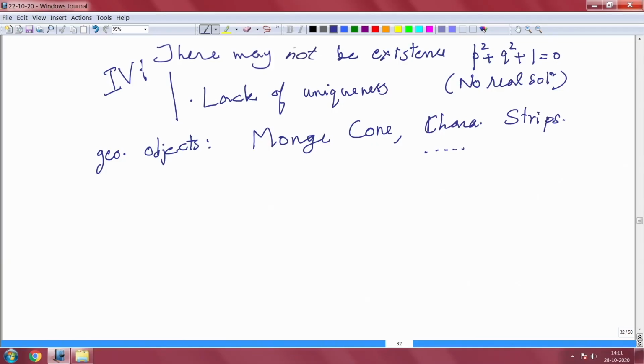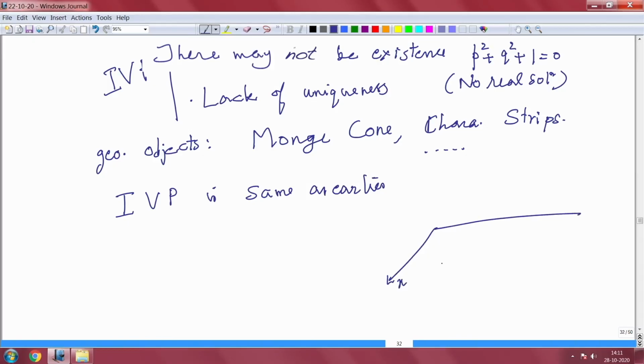However, the initial value problem is the same as earlier. What is the initial value problem? You have a domain omega in xy space, and on that you have an initial curve gamma naught. Then you look for a characteristic.